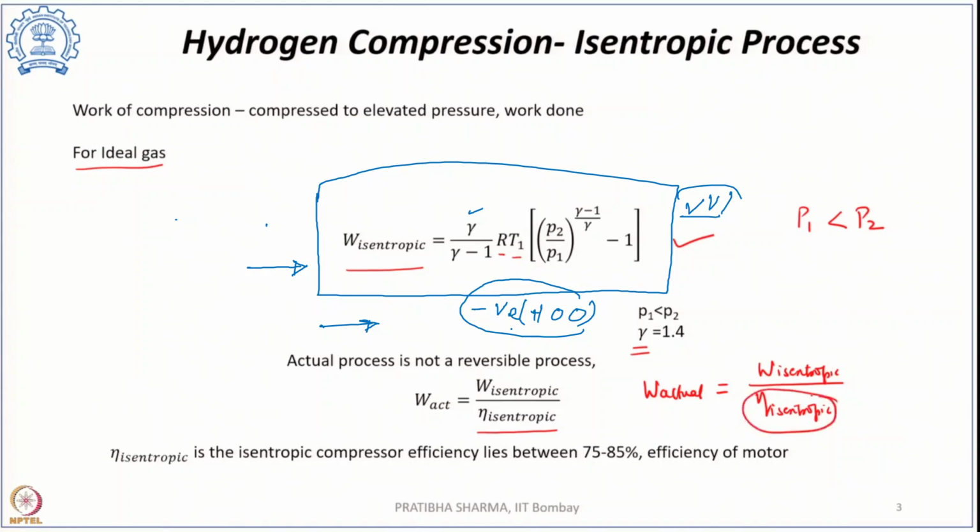So whenever a minus value is coming, that means I am giving some work to the compressor for compressing the hydrogen. Okay, this is the thing.